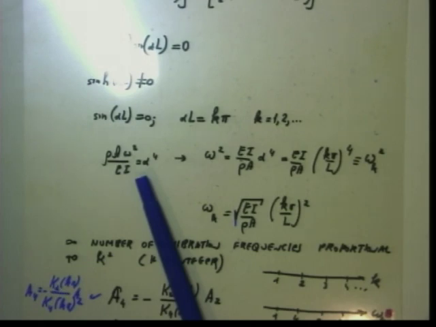Any other questions? Yes? If it has an infinite number of natural frequencies, and if those frequencies combine, wouldn't that remove some, and then you have more of another? The question is whether these frequencies combine. Pay attention.